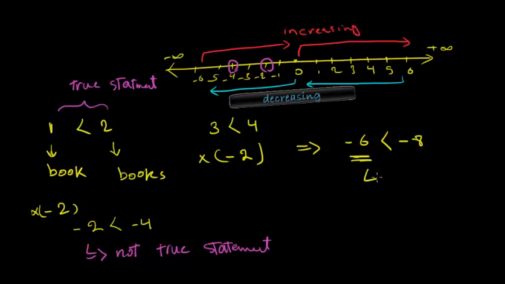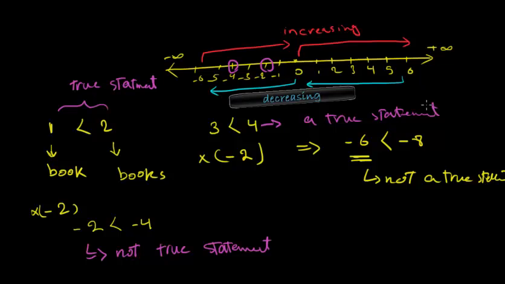So this is also not a true statement, while this one is a true statement. So the reason we swap the sign when we multiply or divide by a negative number is because the result is smaller. So in order to have this statement true, we need to swap the sign.